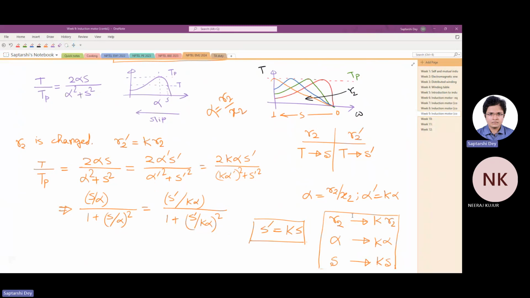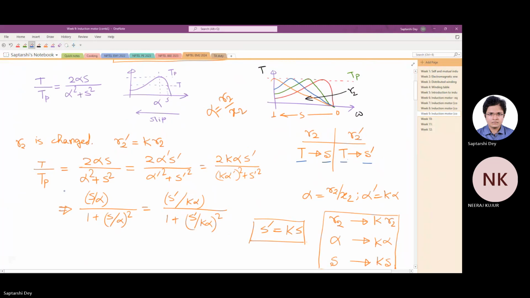Now the question is, when the rotor resistance was R2, some value of torque T used to appear at a certain value of S. Now with a new R2, the same value of torque will appear at some other value of slip, S prime. So what is the relation between S and S prime?